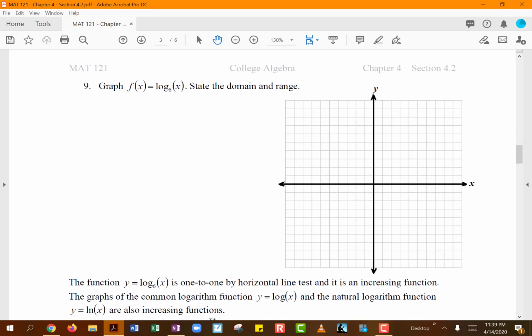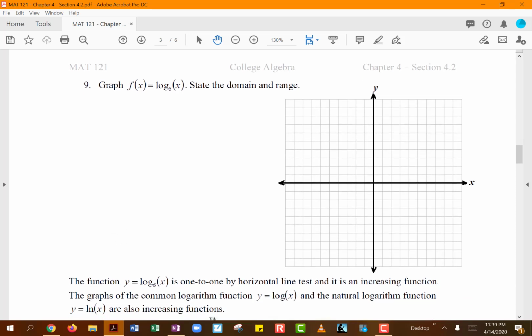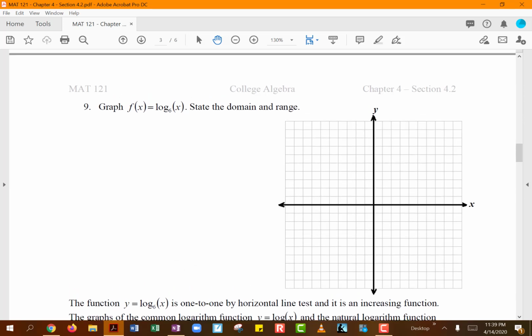All right, so let's take a look at the graph of f of x equals log of x with the base 6, and then they want us to find the domain and range. So you know what happens is when we actually try to graph these logarithmic functions, you actually start out by graphing your exponential function.